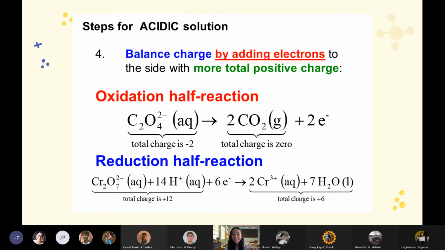So they are basically splitting one complete equation. They're basically parting the whole equation. That is why they're called half reactions.